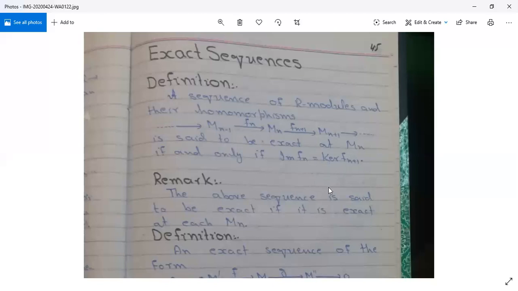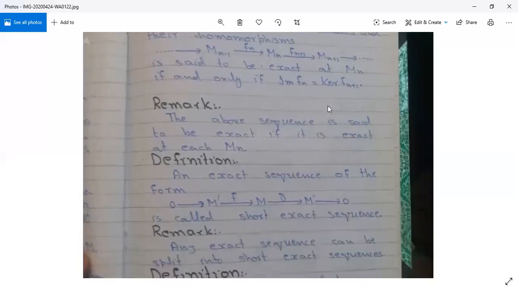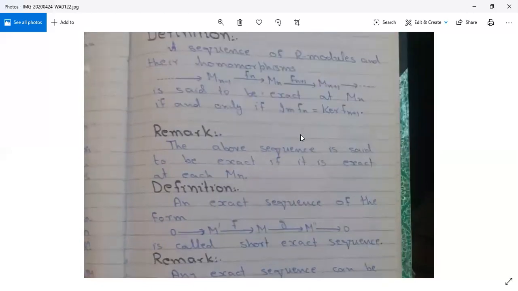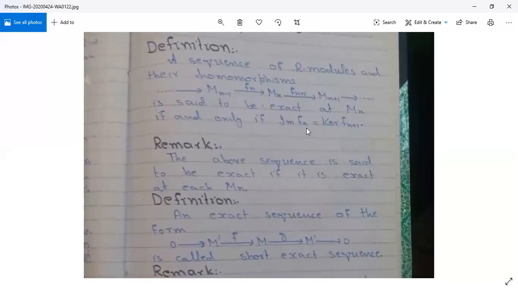After this, we have revised some remarks. The above sequence is said to be exact if it is exact at each Mn. Exact means that the image of Fn, coming from Fn, equals the kernel of Fn plus 1.